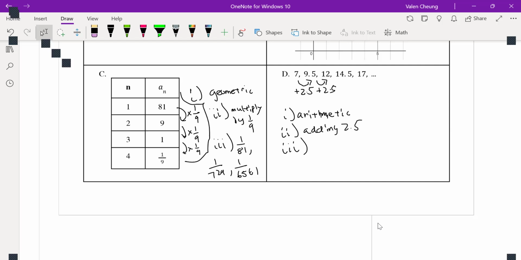Part 3, you just add 17 plus 2.5, 19.5, 22, and 24.5.